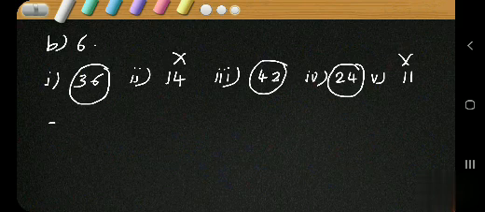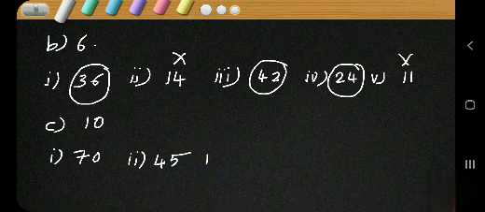Okay, now let's try to do C. The question is 10 and the given numbers are, first one, 70. Second one, 45. Third one, 91.